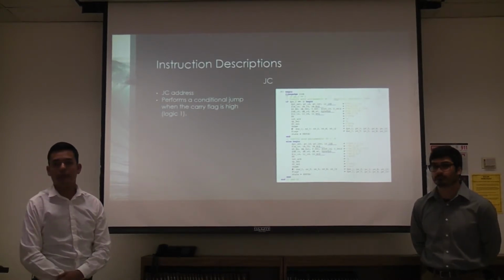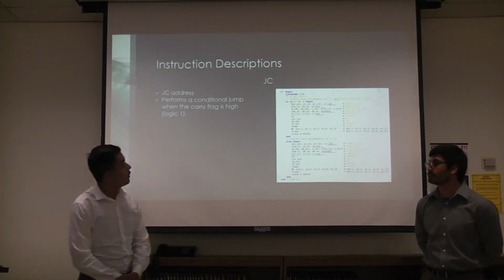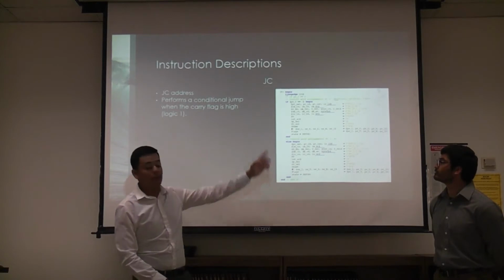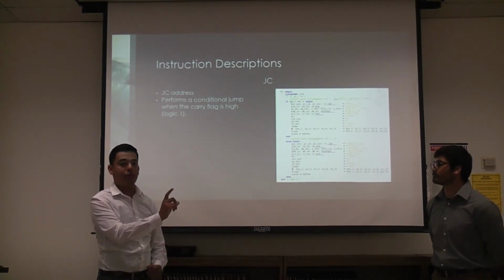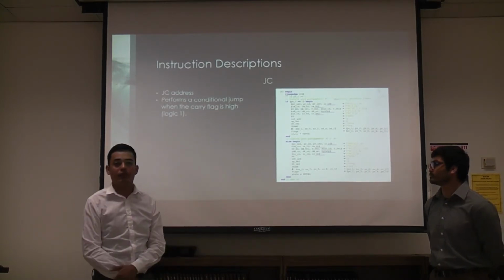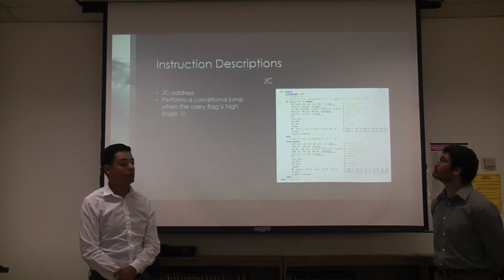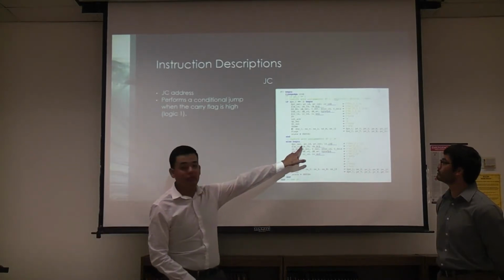What's the difference between the control word if it passes or the else part? What's the difference in the two control words? Oh, basically, if the condition passes, then it will store the jump address into the program counter. If it doesn't, then it will just go back to fetch and not do anything. Which control bits change between the if or the else part? It would be the PC select.